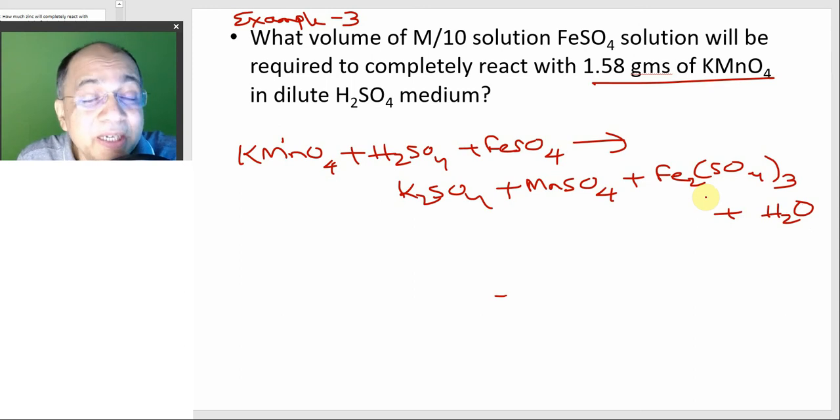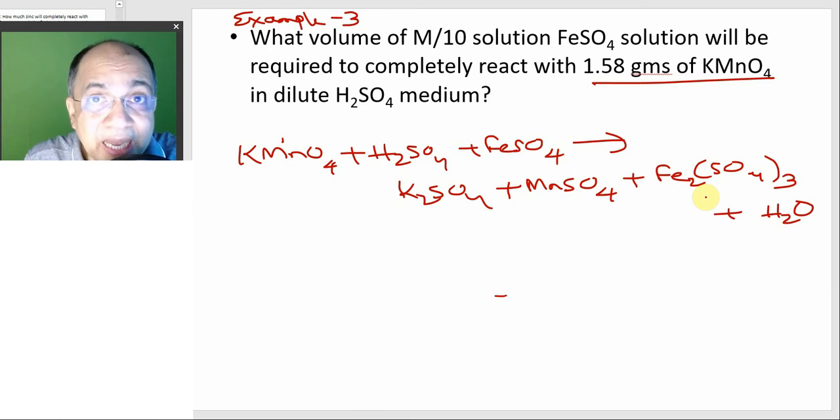If you do it by the equivalent method, the normality method, you will get it in seconds, with V1N1 equals V2N2. But for that, you must know the n factor. And if you remember the n factor of common oxidants, reductants, acids, bases and all that, it will be easier to solve a problem by the equivalent method rather than the mole method.